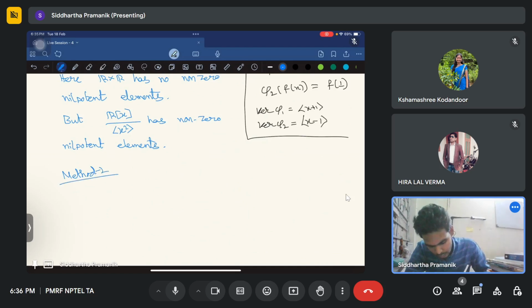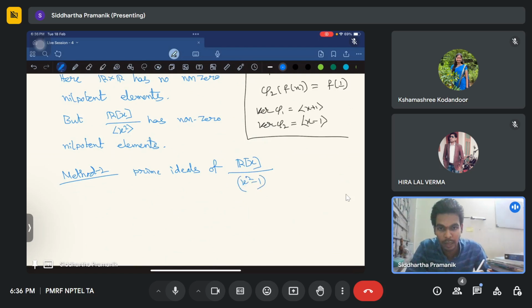What are the prime ideals of R[x] mod x square minus 1? Can you say how many prime ideals this ring has?